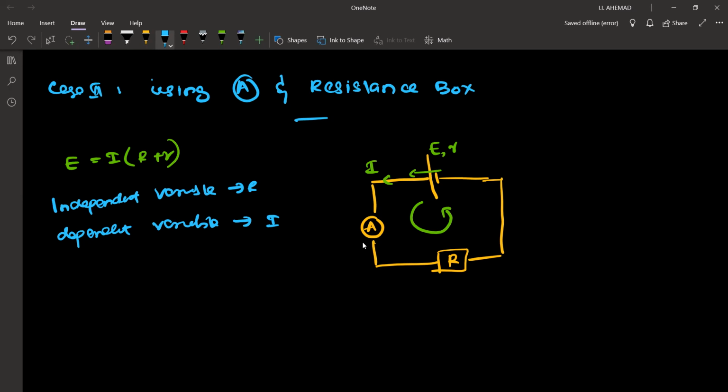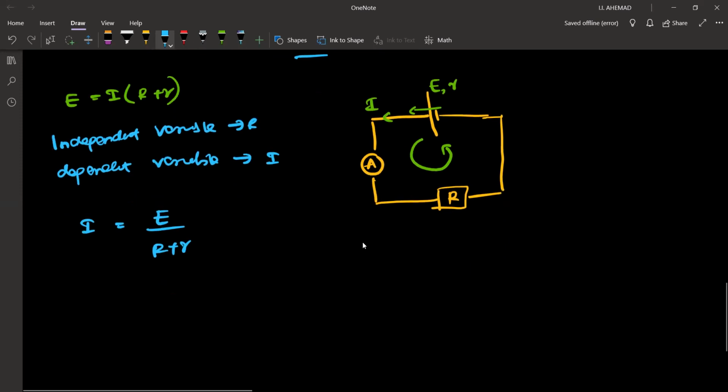So let's make I the subject. I is equal to E over R plus r, but there's a problem. Here, I'm not able to separate this R. Therefore, let's take the reciprocal.